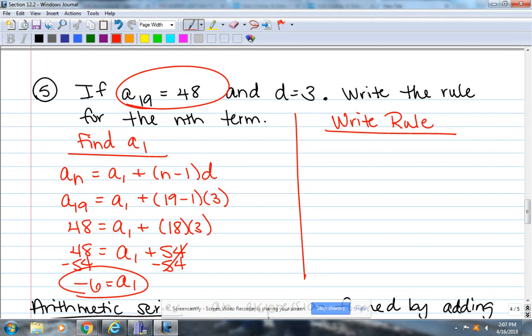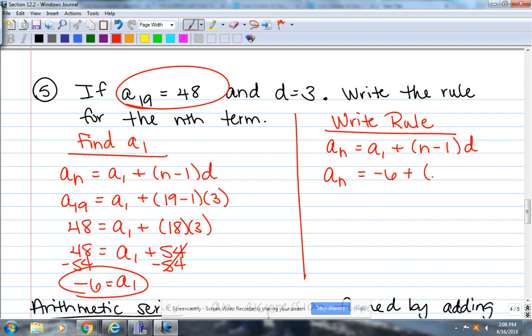All right, so now we got the leading term. We can write the rule. A sub n equals a sub 1 plus n minus 1 times... Yes. So leave your n's alone. All you plug in when you're writing the rules, a sub 1 and d. That's all you plug in. Leave n's alone. So a sub n equals, what's a sub 1? We found that one.